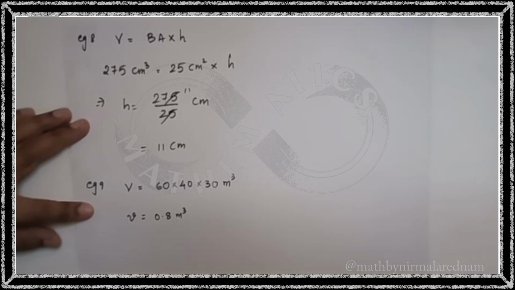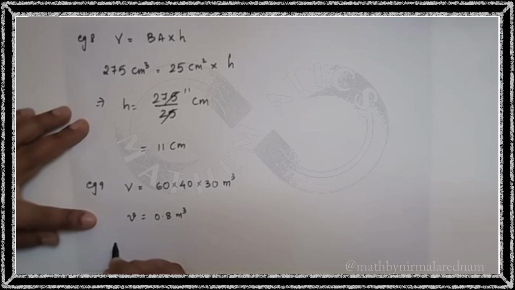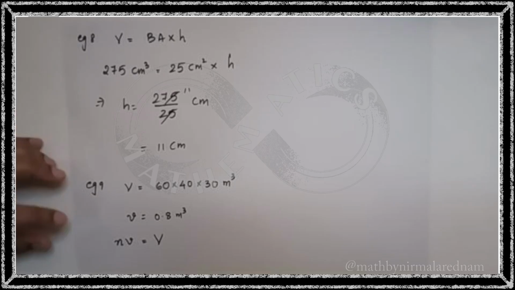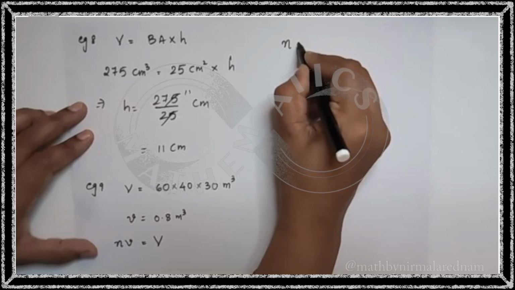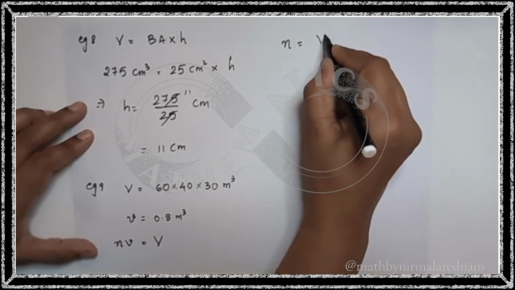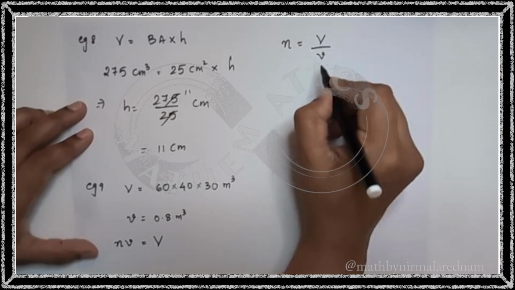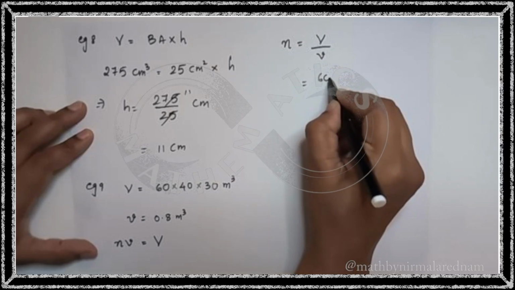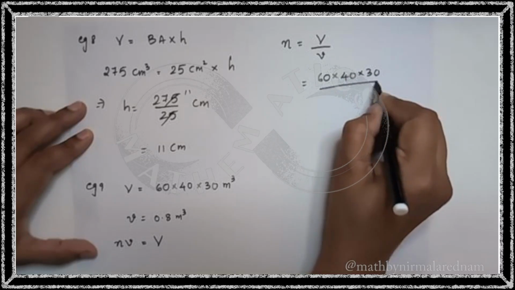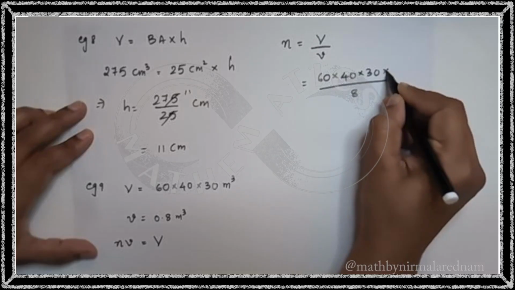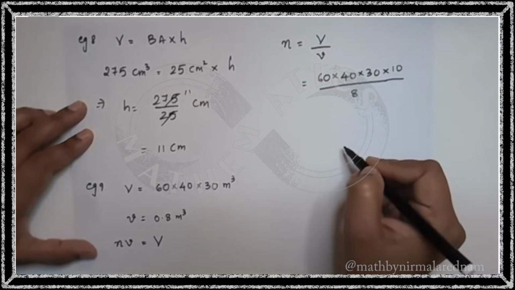Now, number of such boxes into volume of each such box is nothing but my total volume. So I can write the number of such boxes is nothing but this big volume by the small volume, which is 60 into 40 into 30 by 0.8, which is nothing but 8 by 10. So I'm going to write it like this, right?